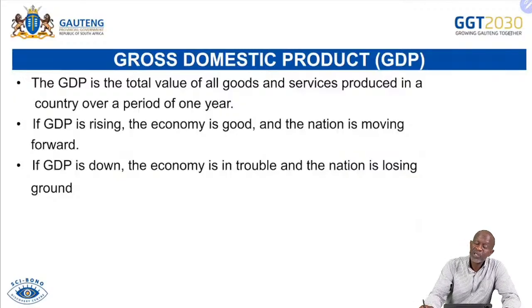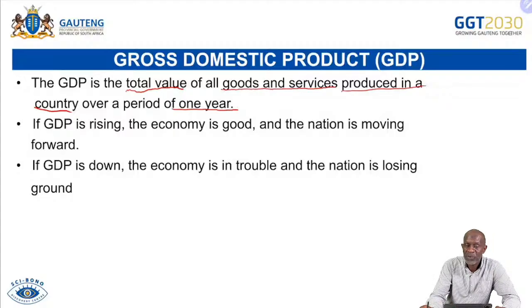Now, I'm going to underline for you the key words involved in the definition of GDP. Firstly, we refer to the total value, the total amount of all goods and services that are produced in a country in 1 year.